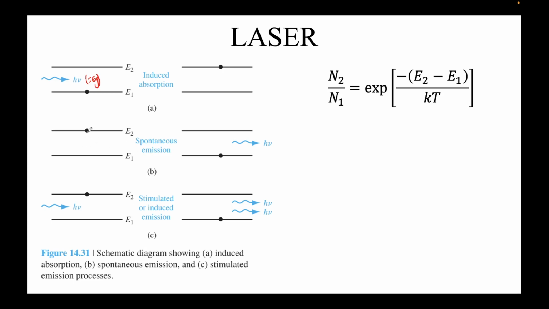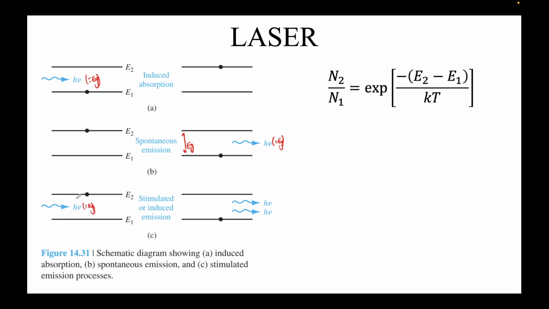If you have a particle or electron sitting in E2 and a state available below, it can drop to E1, where h nu will again be equal to Eg. Stimulated or induced emission is when there are electrons in the excited state and you shine light, again with energy equal to Eg.